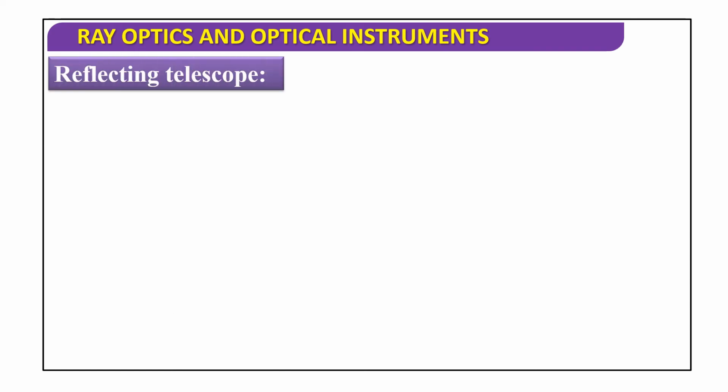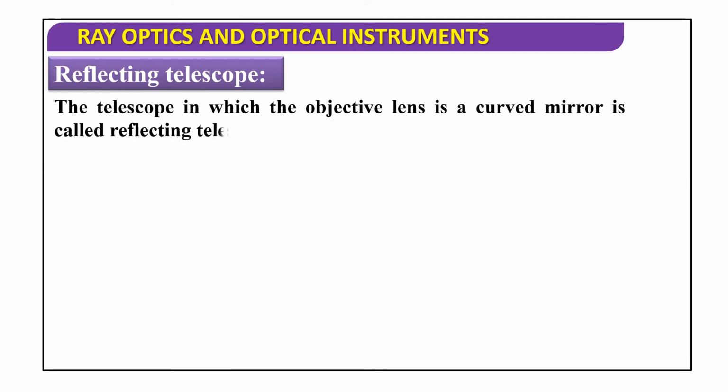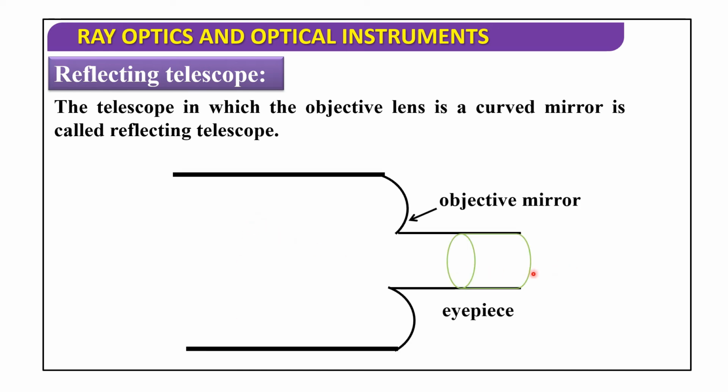Next, the reflecting telescope. The telescope in which the objective is a curved mirror is called a reflecting telescope.